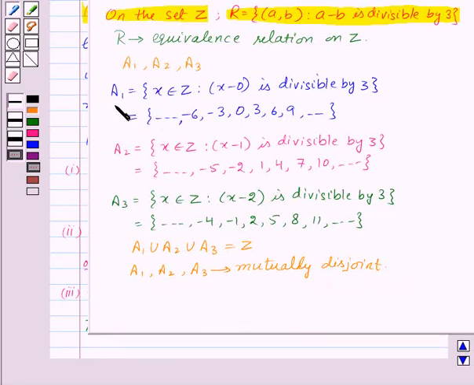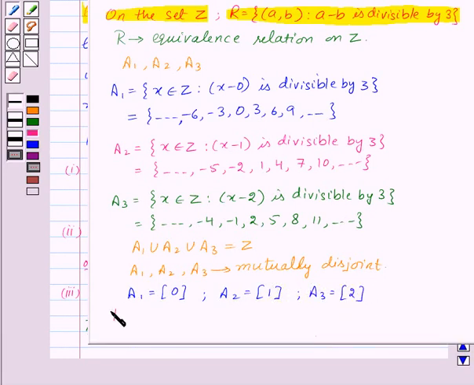Now, A1 coincides with the set of all integers in Z which are related to 0. A2 coincides with the set of all integers in Z which are related to 1. And A3 coincides with the set of all integers in Z which are related to 2. Thus, A1 is equal to the equivalence class of 0, A2 is equal to the equivalence class of 1, and A3 is equal to the equivalence class of 2.